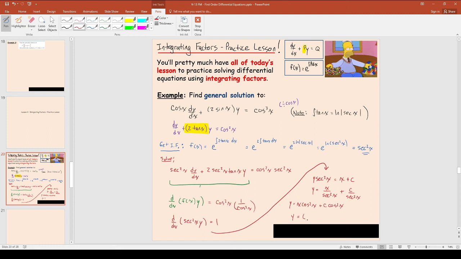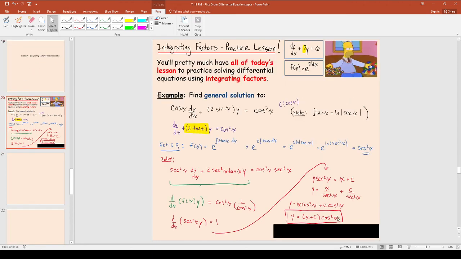Factorize the cos squared out. It's going to be y equals (x plus c) cos squared x, like a beast, and that is the final answer. General solution there, because it's got a plus c in it. I reckon that that's in its tidiest form as well. I would think that that would be how I would like to see it, so I'm going to go with that as the final answer.